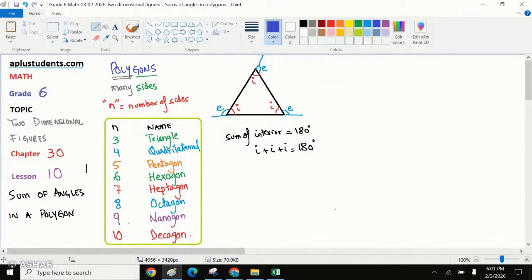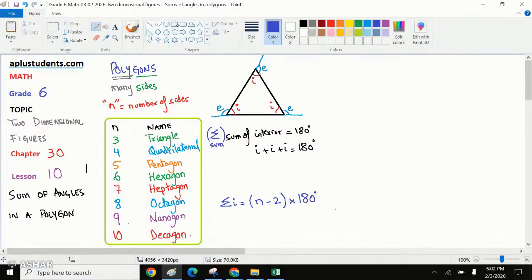This sign means sum. So if we say sum of interior angles, the formula is the number of sides minus 2, multiplied by 180.